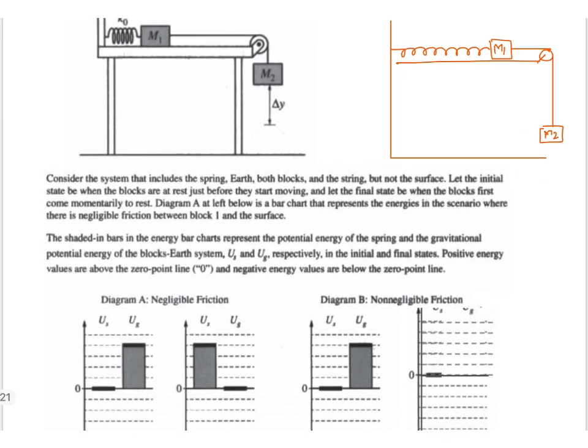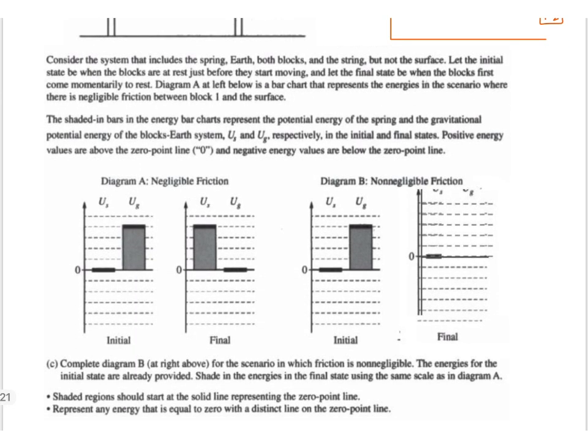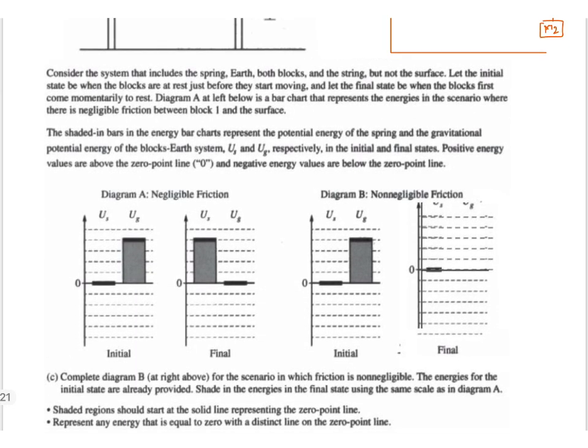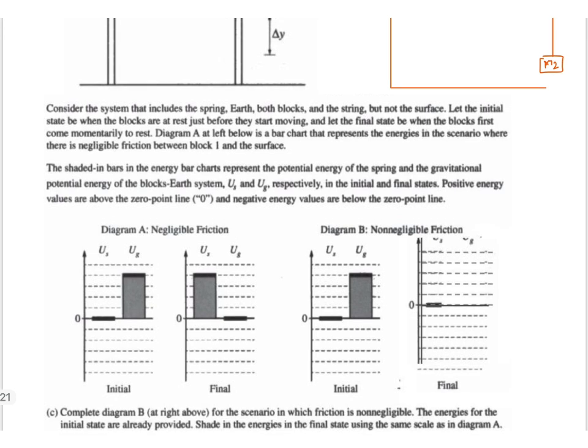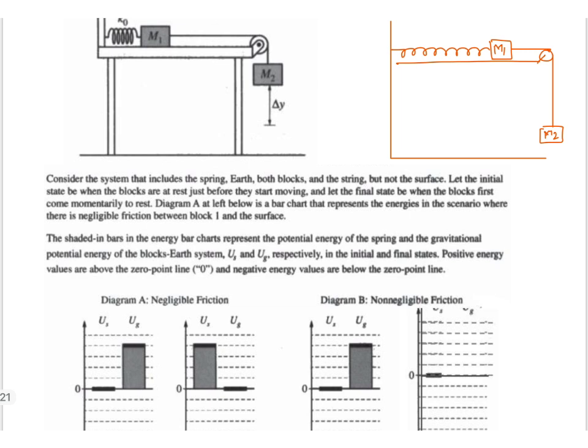And now coming to the last part of this question. Now let me explain this question first. Consider a system that includes a spring, earth, and both blocks, but not the surface.